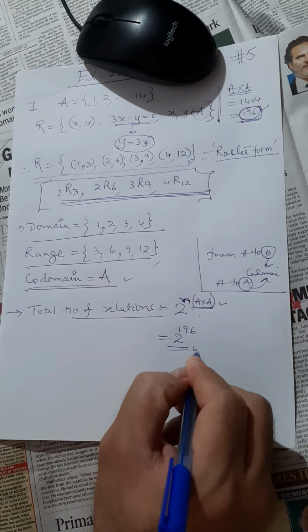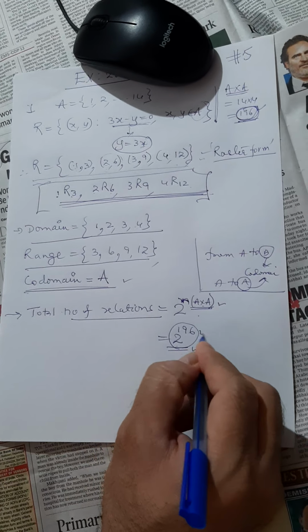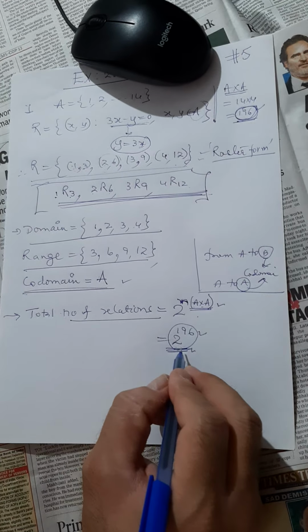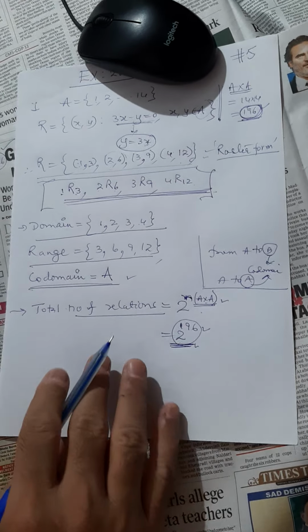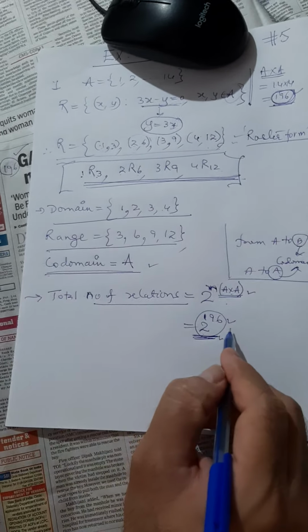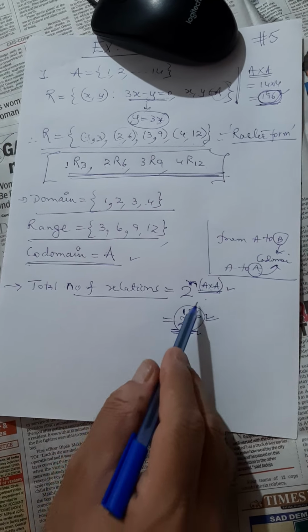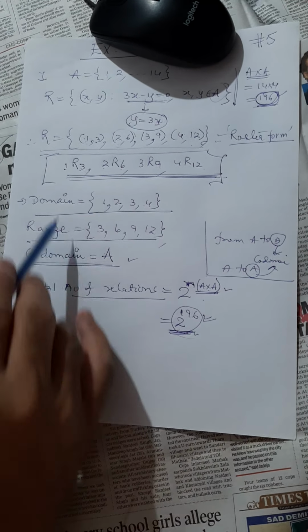So this is 2 raised to 196. It's a very big number, which is not important for us, but this is just for your information. This many relations you can form from A to B. Out of this, one is here.